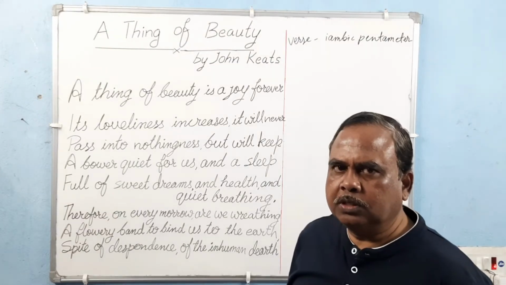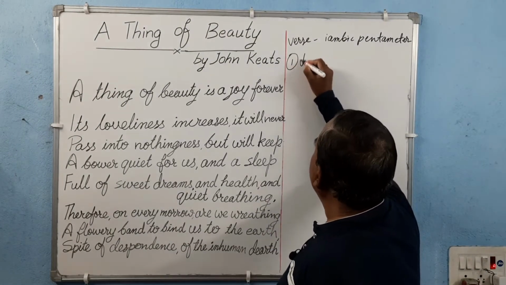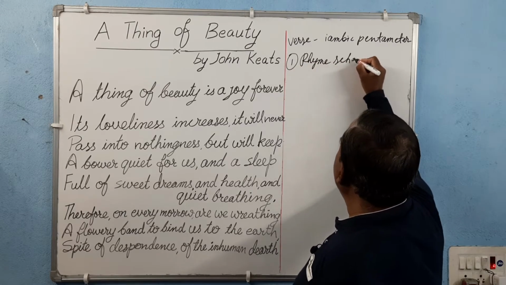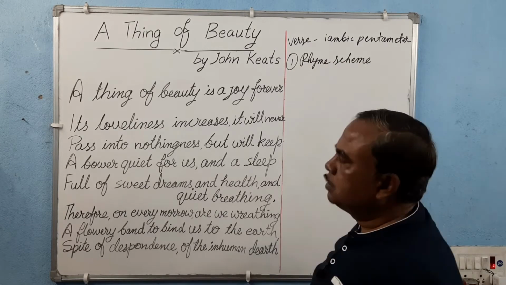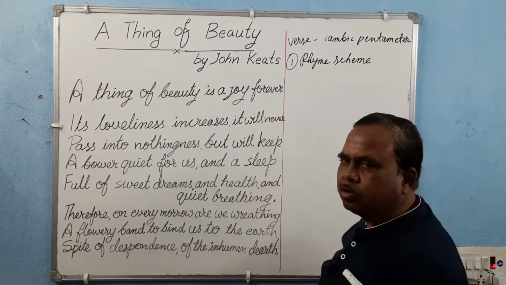The first poetic device is rhyme scheme. Rhyme scheme is tested by looking at the last word of each line.